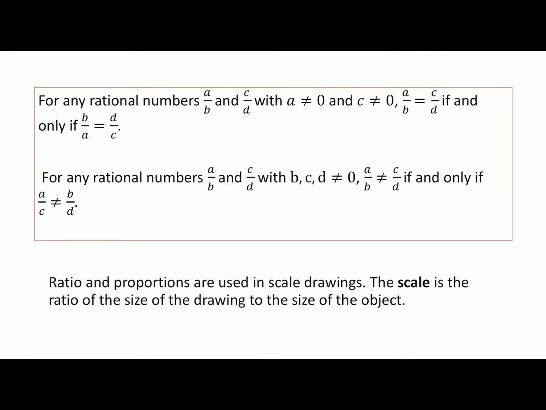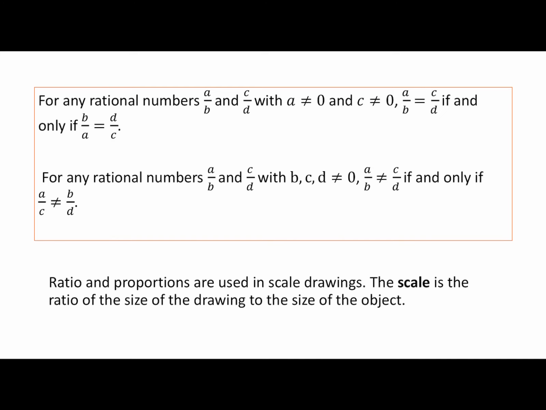Furthermore, if I have rational numbers A over B and C over D, where A over B is not equal to C over D, then I can rewrite this as A over C is not equal to B over D. Okay, so these are just some facts about rational numbers and setting up your proportions.